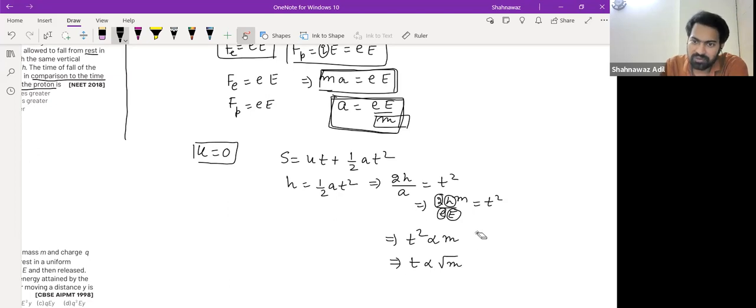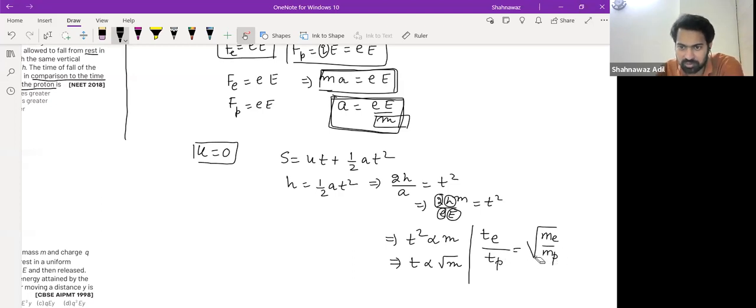If I want to calculate T of electron and T of proton, this would be root of m electron by m proton. Do you guys understand this part?